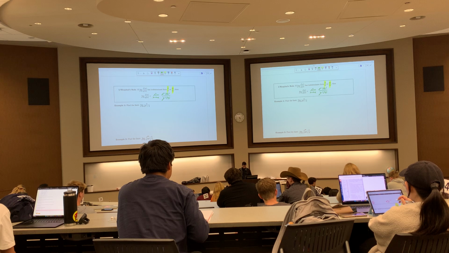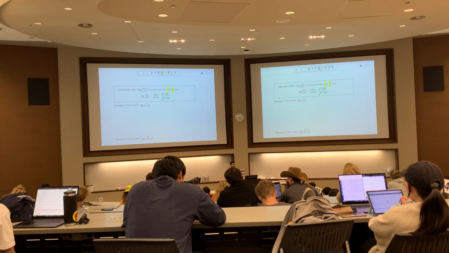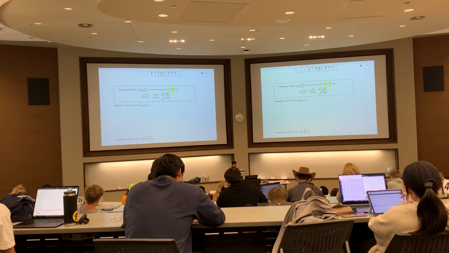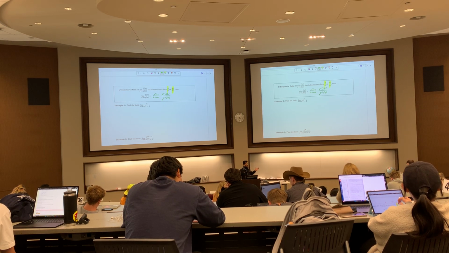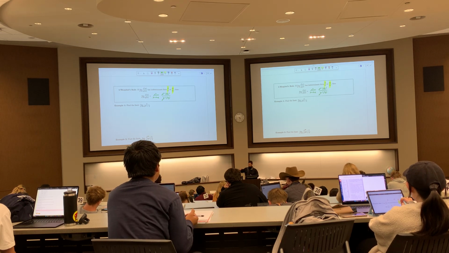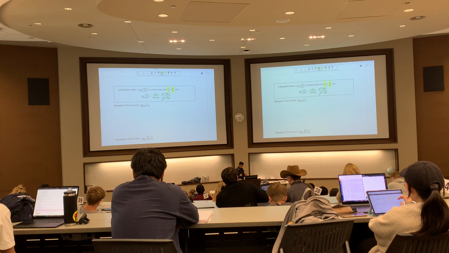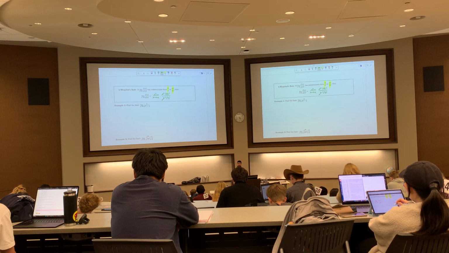As you can see, all we're doing is taking the derivative of the top function and separately taking the derivative of the bottom function. Don't apply the quotient rule just because it's in quotient form or single fractional form. This is L'Hopital's rule because we have 0 over 0 form or infinity over infinity form. So it's not the quotient rule. Take the derivative.